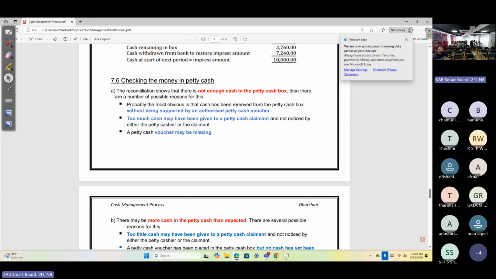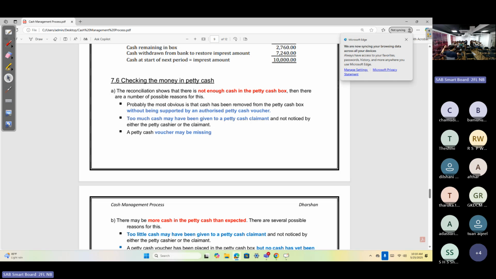Probably the most obvious is that cash has been removed from the petty cash box without being supported by an authorized petty cash voucher. Here the cash in the petty cash box is less and the cash book balance is higher.